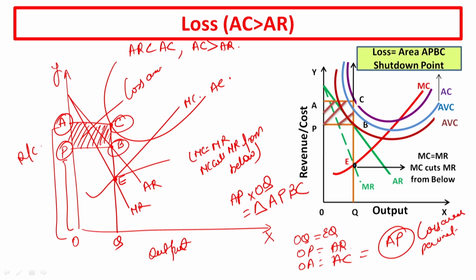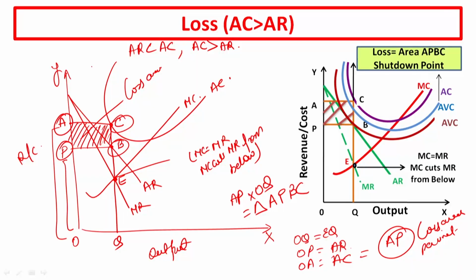Now, in the short run, the firm continues with production even at a loss, provided the firm is able to recover average variable cost. That means your average revenue is just able to cover average variable cost.